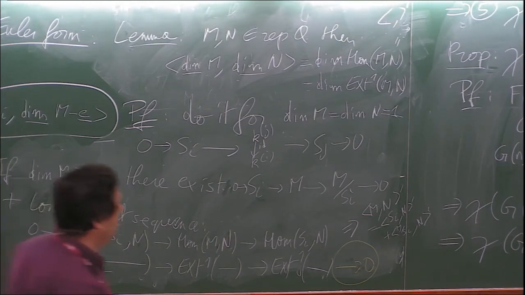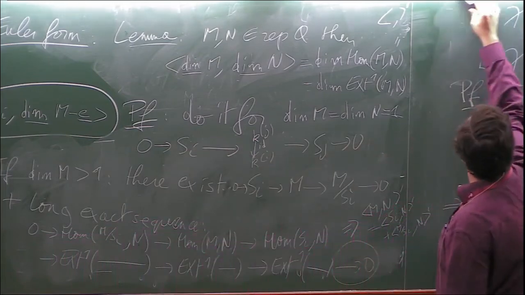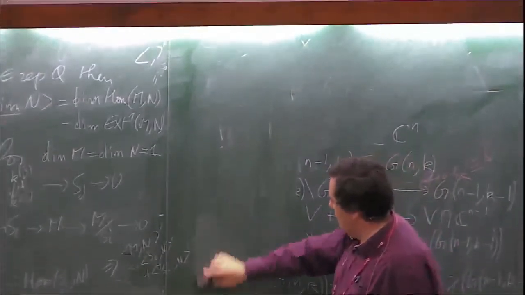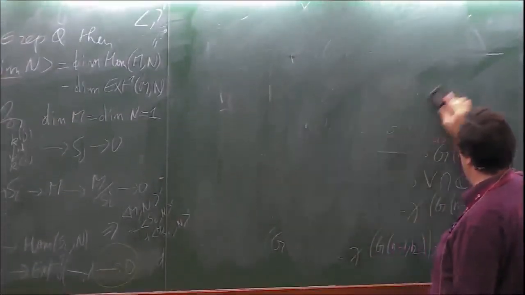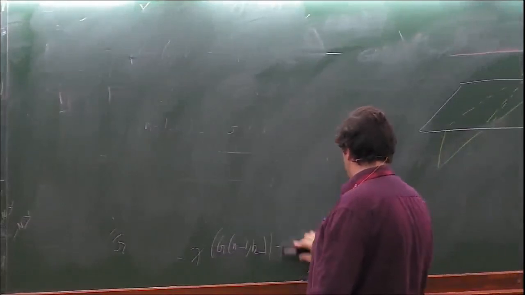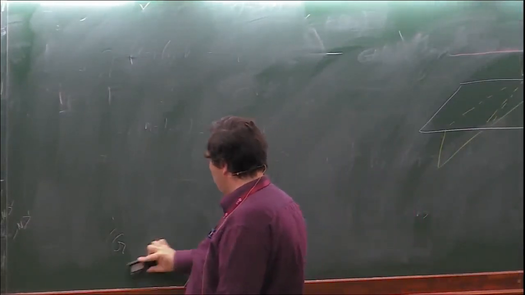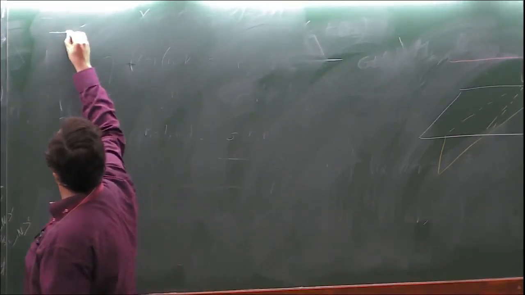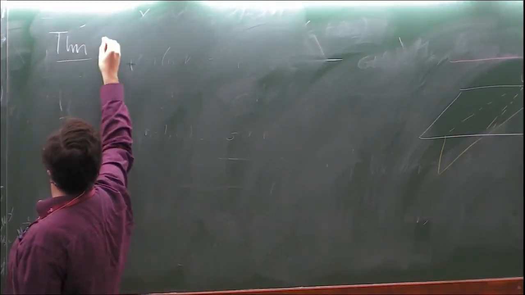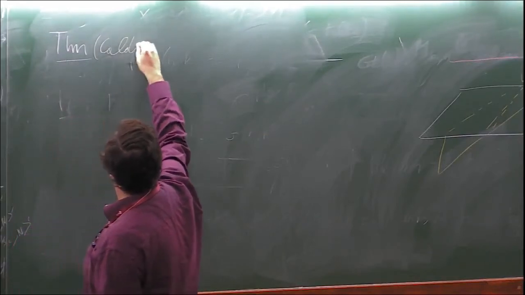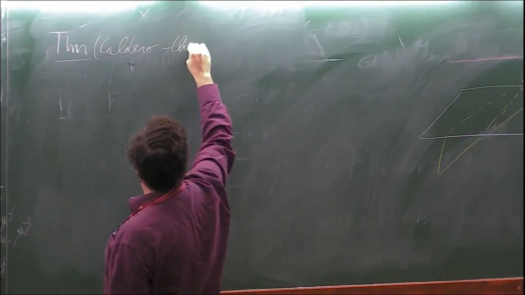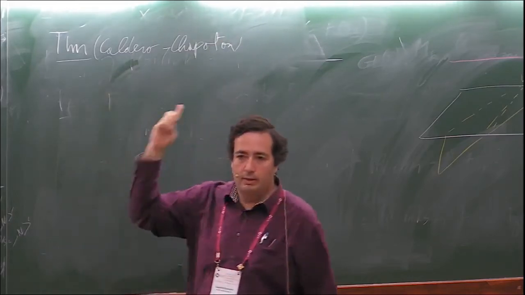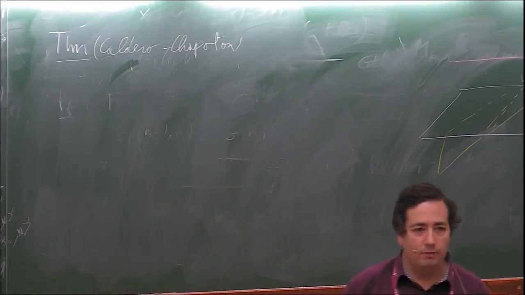So what is the main theorem? Or rather, kind of the key point of the main theorem, that I will not prove today for lack of time, but I plan to prove on Friday. So, a theorem which is due to Caldero and Chapoton. This is a theorem that has a history. Caldero-Chapoton is the first version.